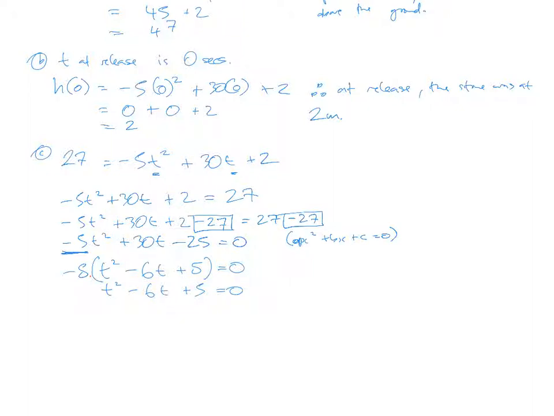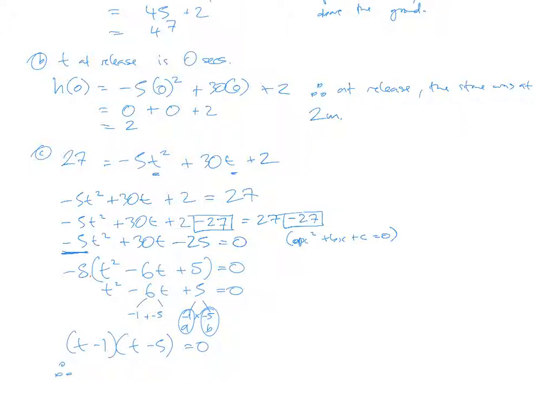So let's try using the flowchart idea. Sum product rule: 1 times 5 will give me positive 5. It won't give me negative 6, but negative 1 times negative 5 will give me positive 5. Negative 1 plus negative 5 will give me negative 6. So that's my A, that's my B. So (t take 1)(t take 5) is equal to 0.